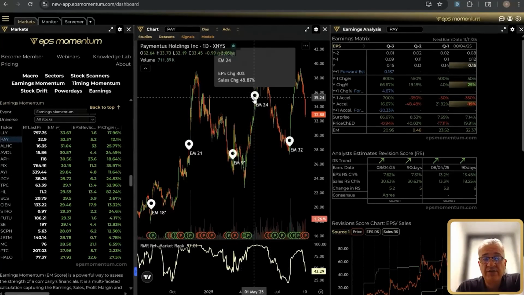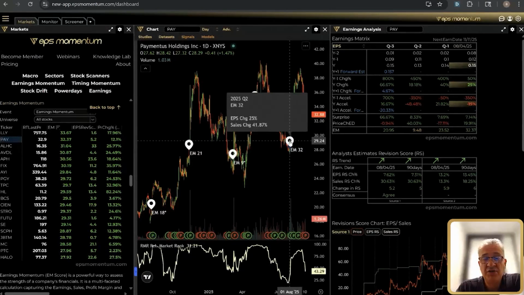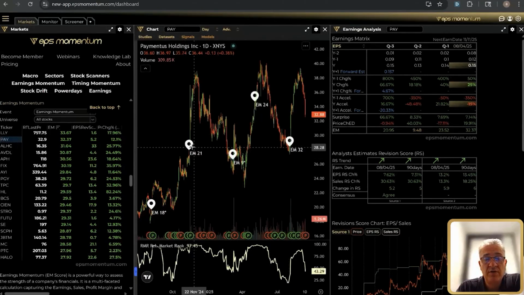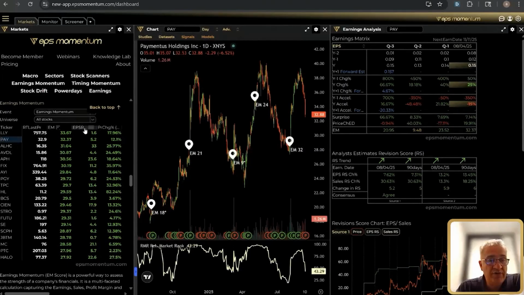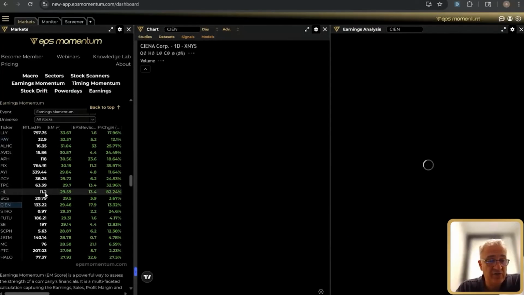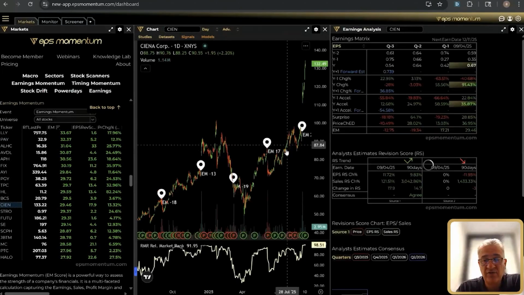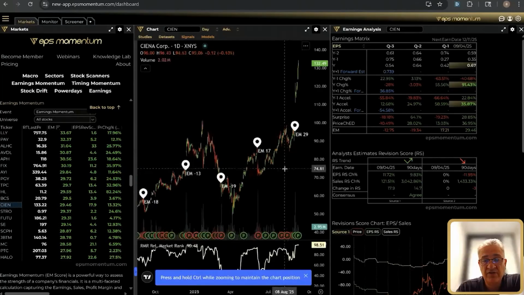When you hover your mouse on it, you have the change on that specific quarter, and you can see at what level it is. We also have the revision score here, the revision estimates as well, and the price change. So it lets you see which stock is in an interesting configuration. Sienna, recently, of course, is a very good example.